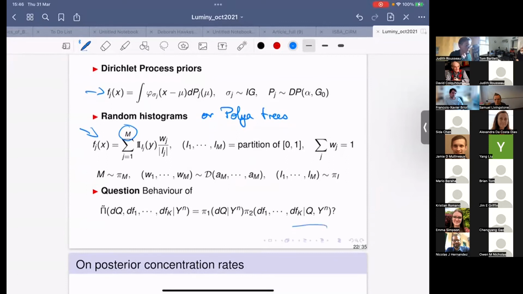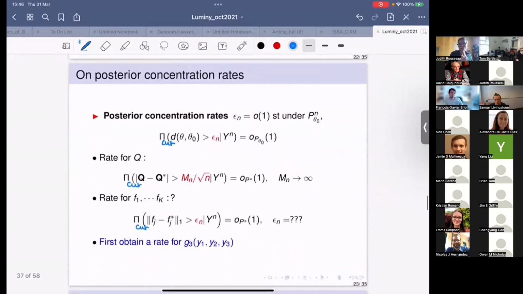And so now we want to understand the behavior of this new posterior, which is a product of this marginal posterior on Q times the conditional posterior on F given Q. So I use the result I had given before, that the only thing I have to do is make sure that pi1 is well behaved, and I know that. And then I just apply the theory of Gaussian and van der Vaart, because they are the same techniques, to study the behavior of the cut posterior.